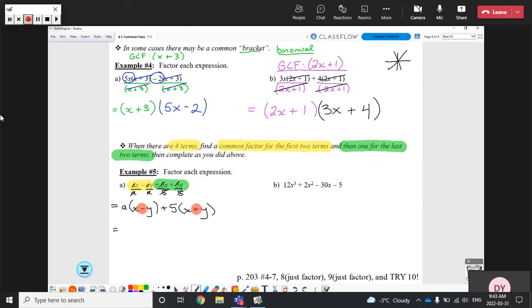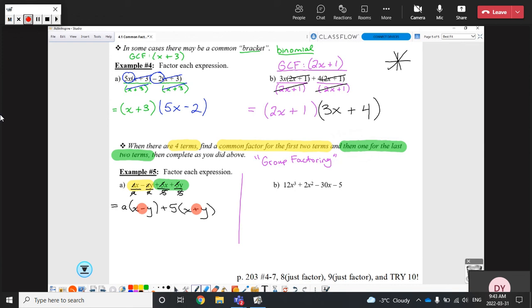So that's as far as we can go. What we might call this is group factoring.